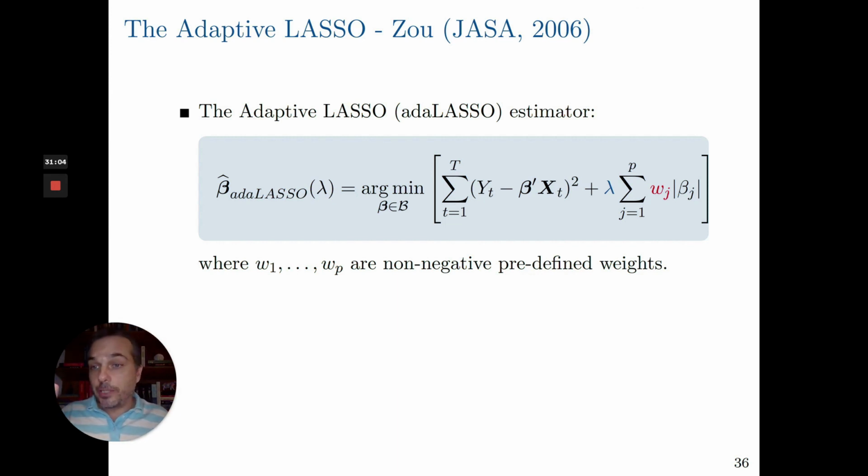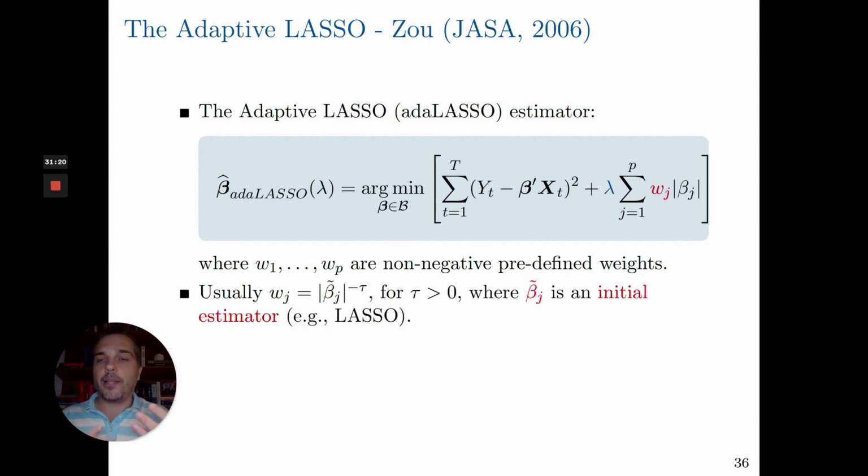So there are two alternatives for this. One is called the adaptive Lasso, where basically you make another small change. You include a different weight for each coefficient. Usually these weights are estimated by a pre-estimator, which can be the Lasso or the ridge. Okay?